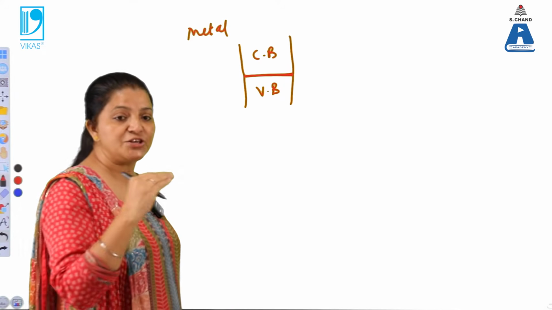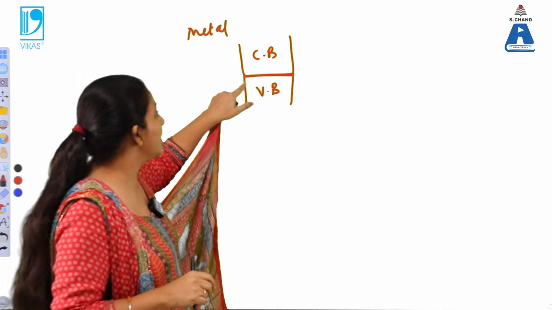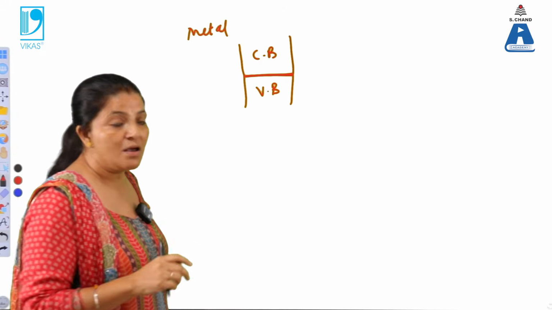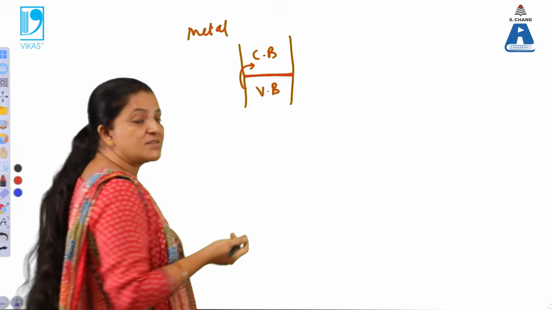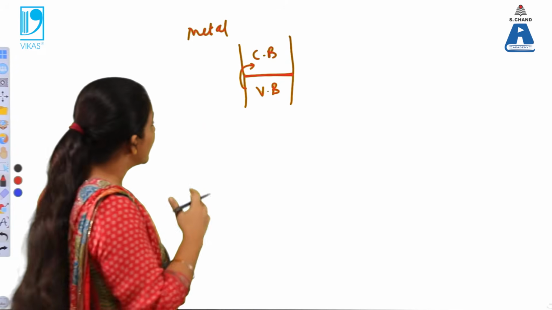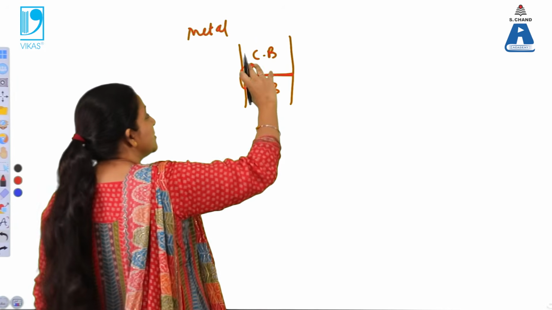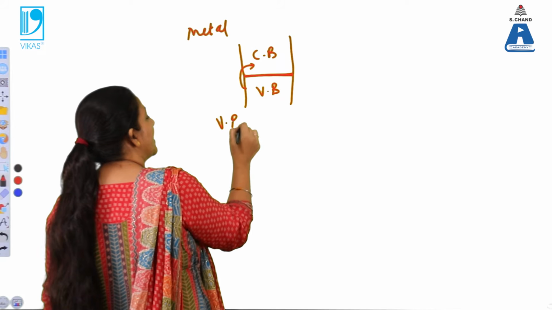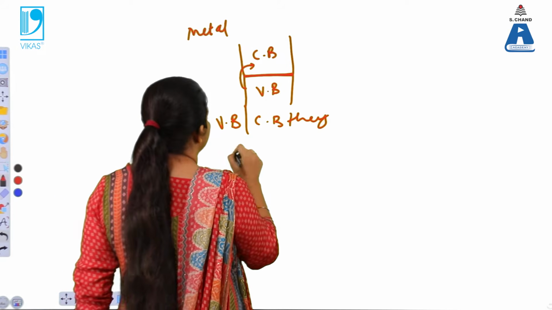When they overlap, it is very easy for electrons to jump from the valence band to the conduction band. That is the case of metals, which is why metals are known as good conductors of electricity.